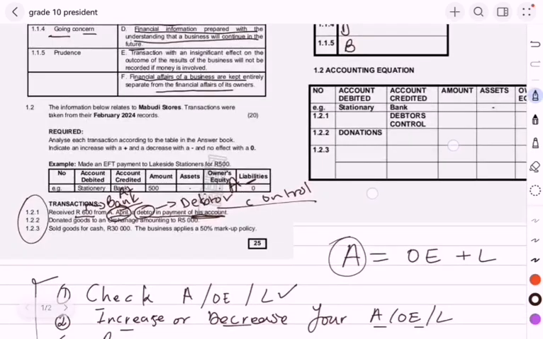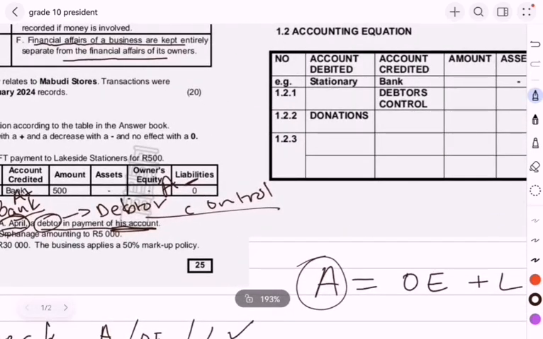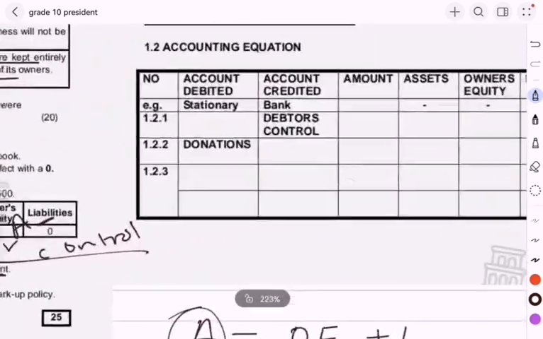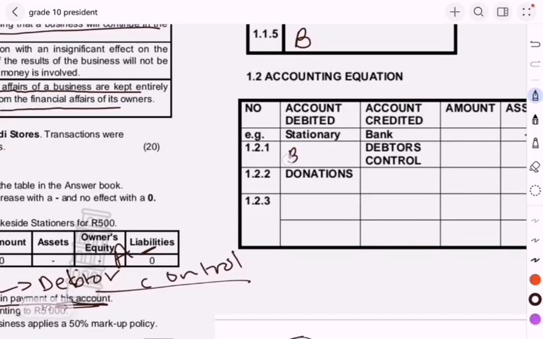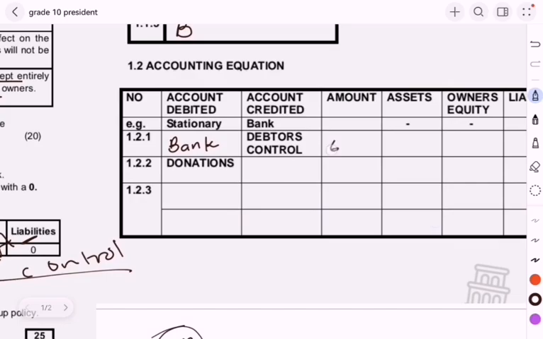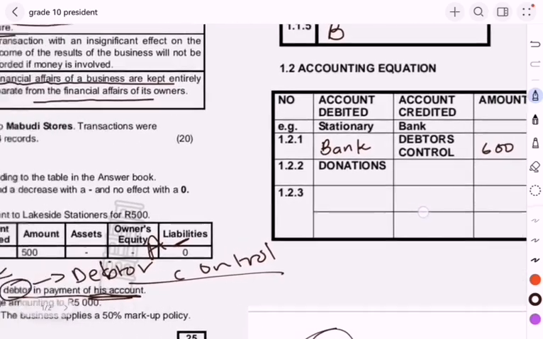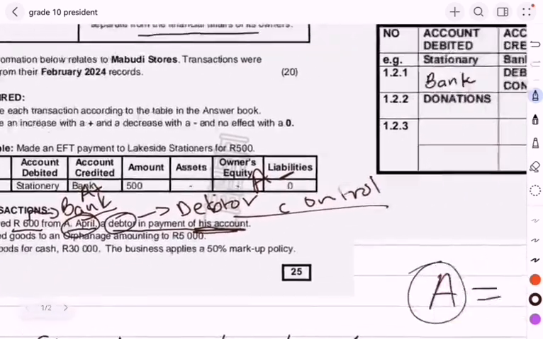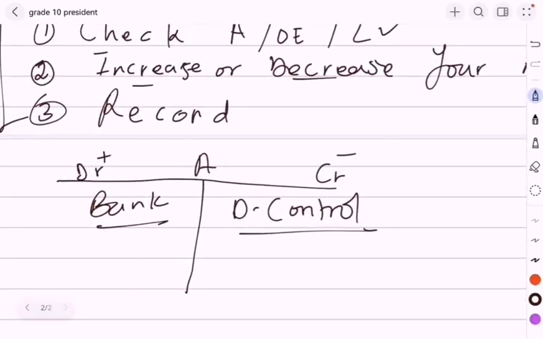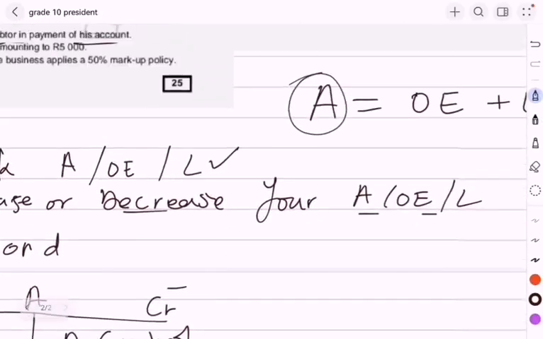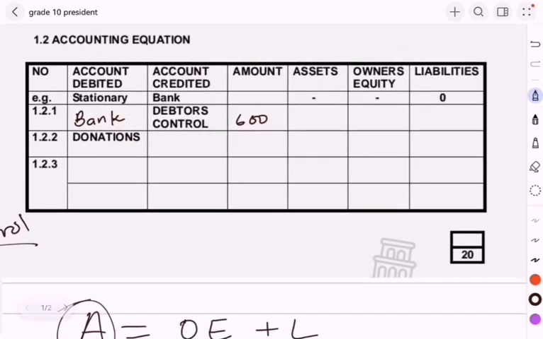And by the look of things, it was already recorded for us. So the only part that is left for us to record is the bank part. Then what was the amount? The amount was 600. Beautiful. After the 600, we understand that bank is being debited, so it's on the plus side. So when we come to an asset, it's going to be a plus.